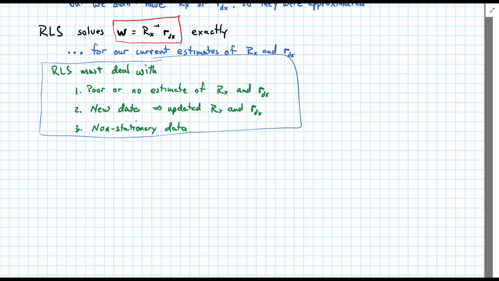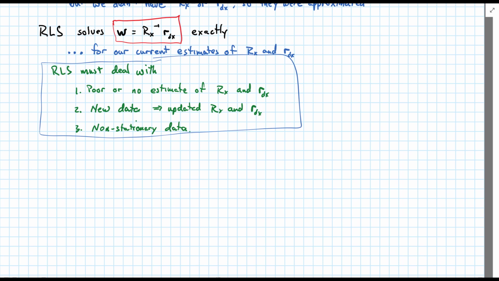What could we do? Well, we could brute force this. We could say, let's take the last P samples of data and use those to create an estimate of Rx and Rdx. And with that, we can simply invert Rx and multiply it by our Rdx estimate, and that would solve this problem that we've laid out.